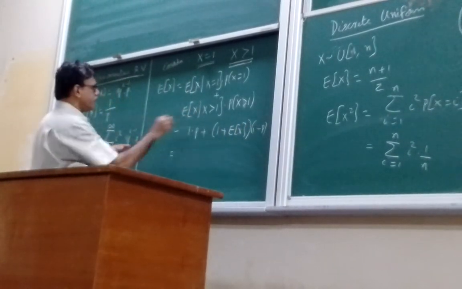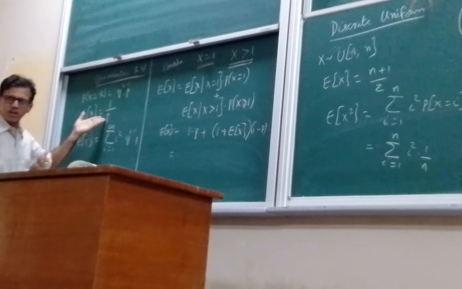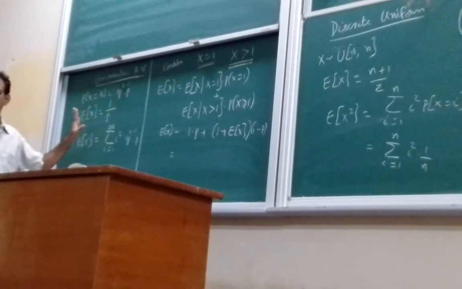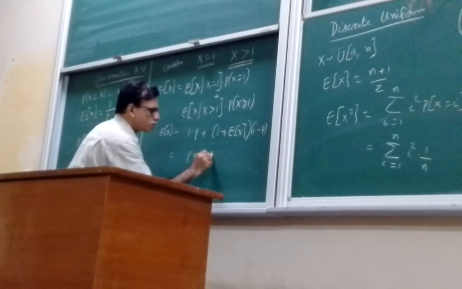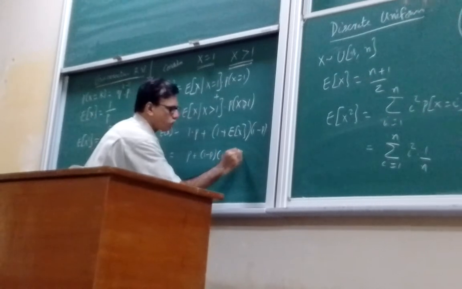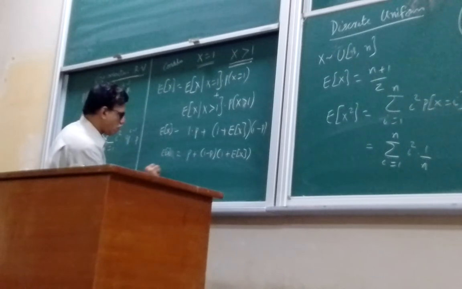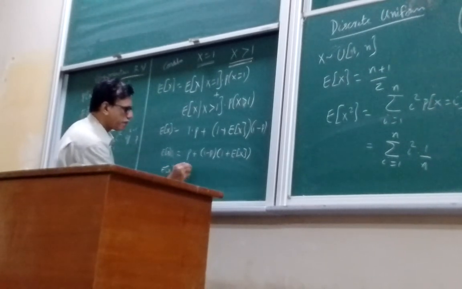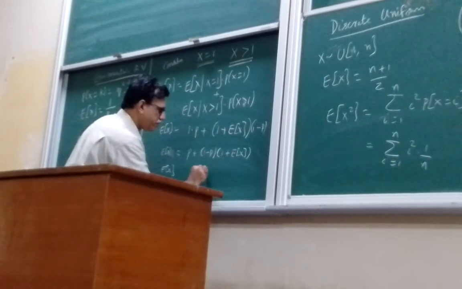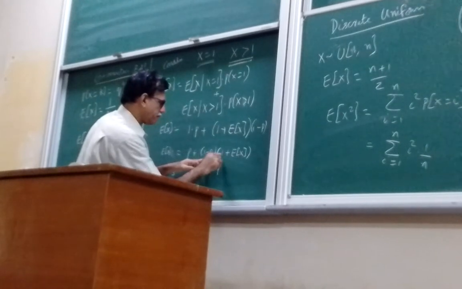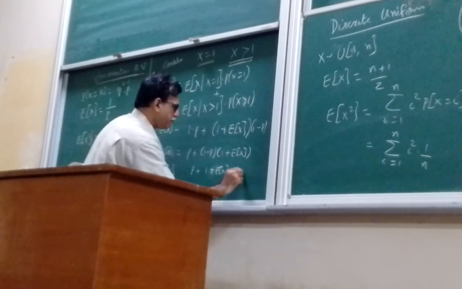So E of x, you know it is 1 over p, but assuming that you don't know, you can write it in a recursive manner. So it is p plus (1 minus p) into (1 plus E of x). So 1 is there, minus p is there, and then I will write 1 plus E of x minus p.